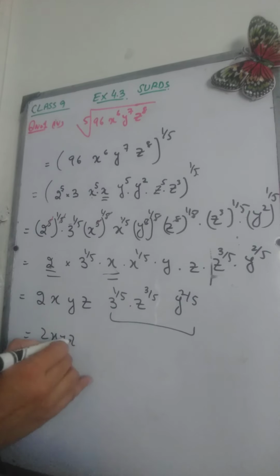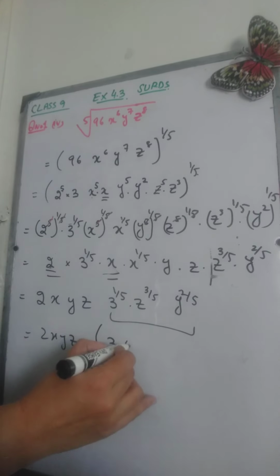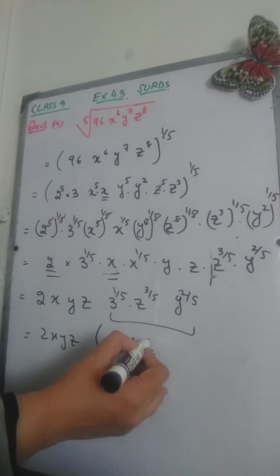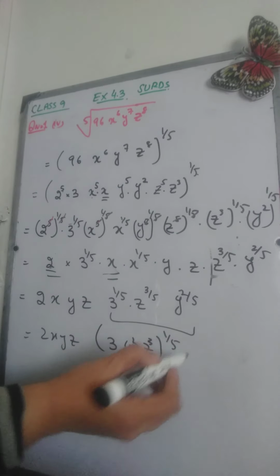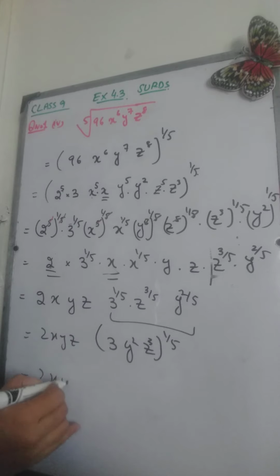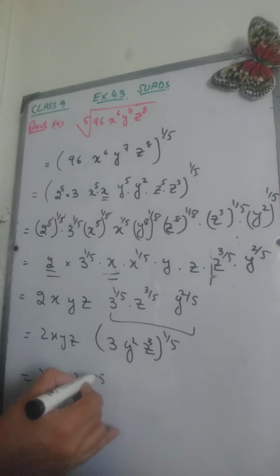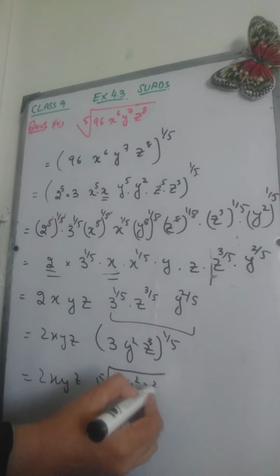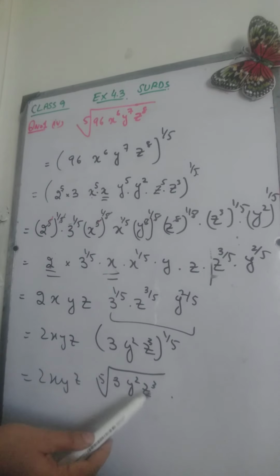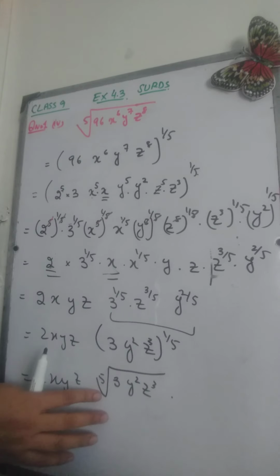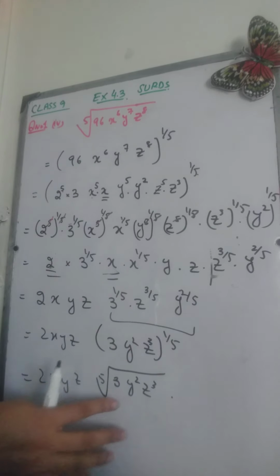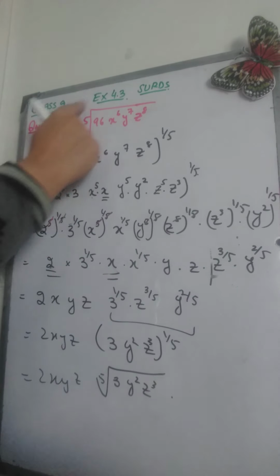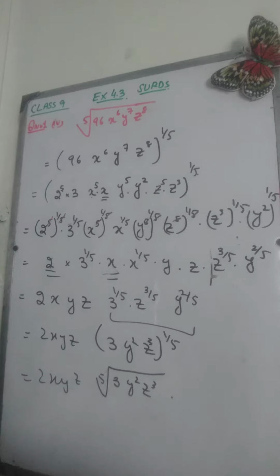So we can write this as 3 y square z cube raised to power 1 by 5, and in radical form this will give us fifth root of 3 y square z cube. This is the answer, and this radical sign indicates that this is an unresolved fifth root of this expression. So this expression will give us an irrational number, because of which we have called this whole expression a surd.